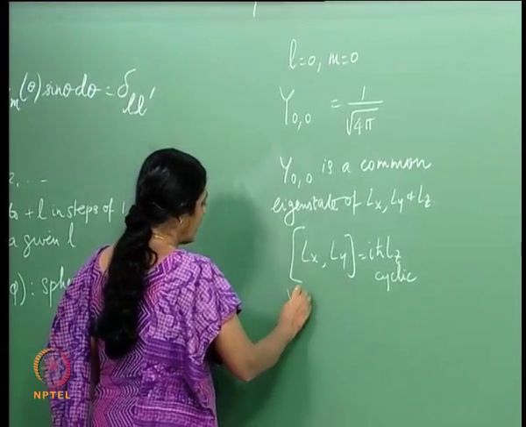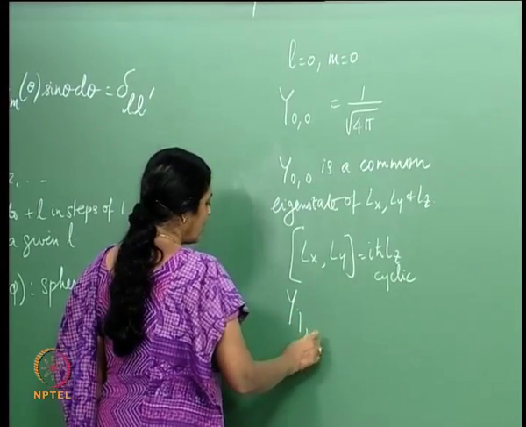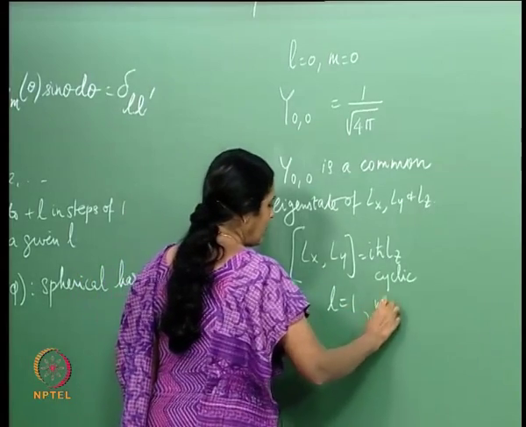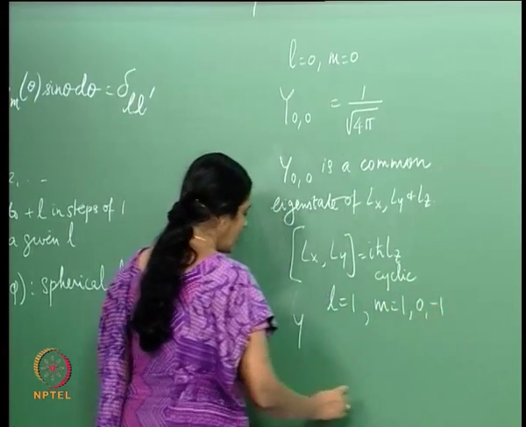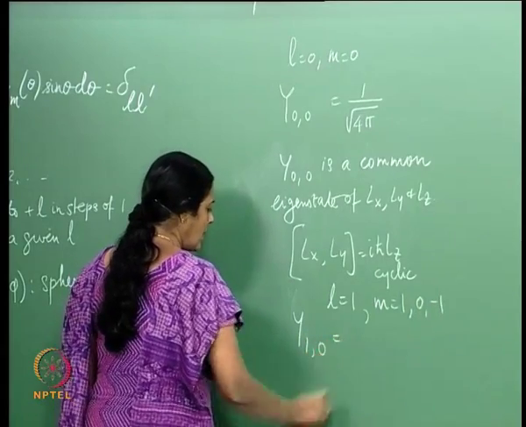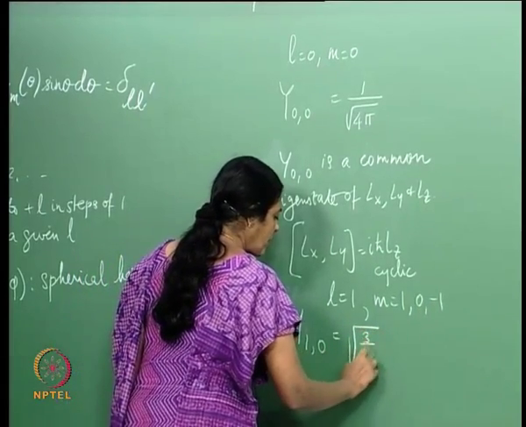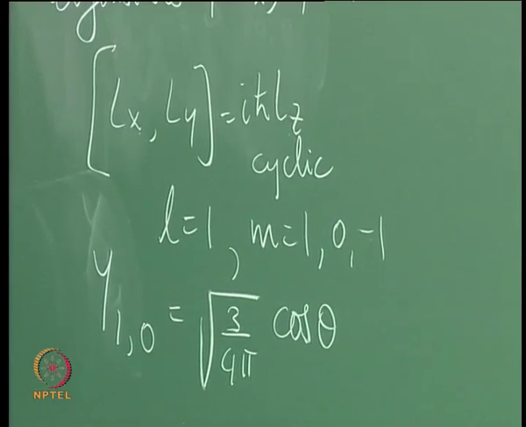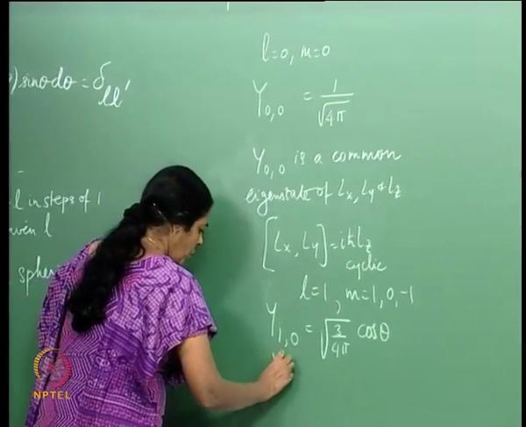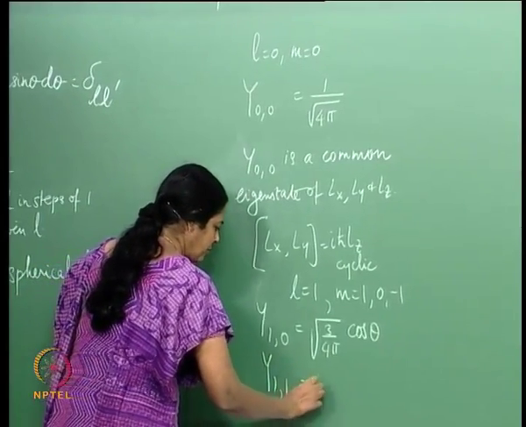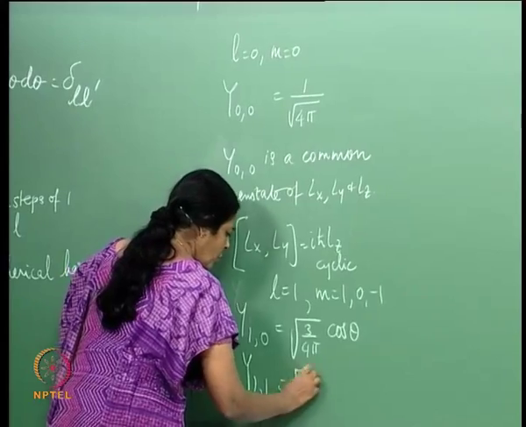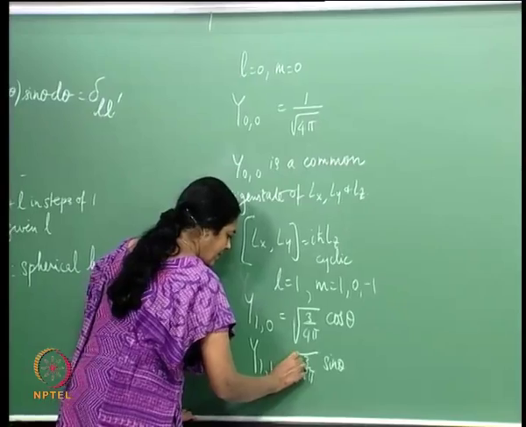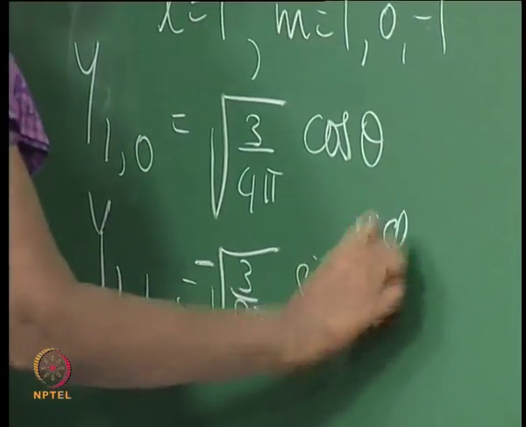Now, if you look at Y1, L is equal to 1, then you can have m equals 1, 0, minus 1. So, you can have Y10, and that turns out to be root of 3 by 4 pi cos theta, and Y11 of theta phi is root of 3 by 8 pi sin theta with a minus sign, e to the i phi.